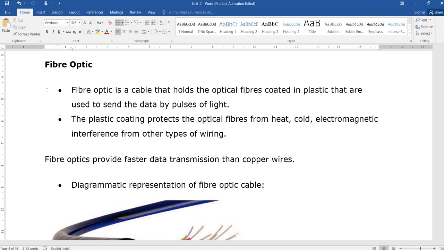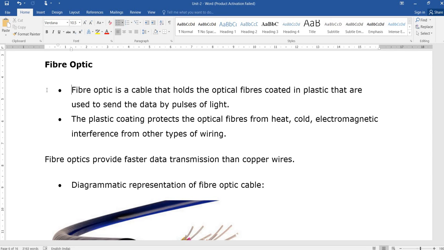Okay, not in the form of electrical. It transmits the signal in the form of light in the fiber cable. The plastic coating protects the fiber from heat, cold, and electromagnetic interference from other types of wire.